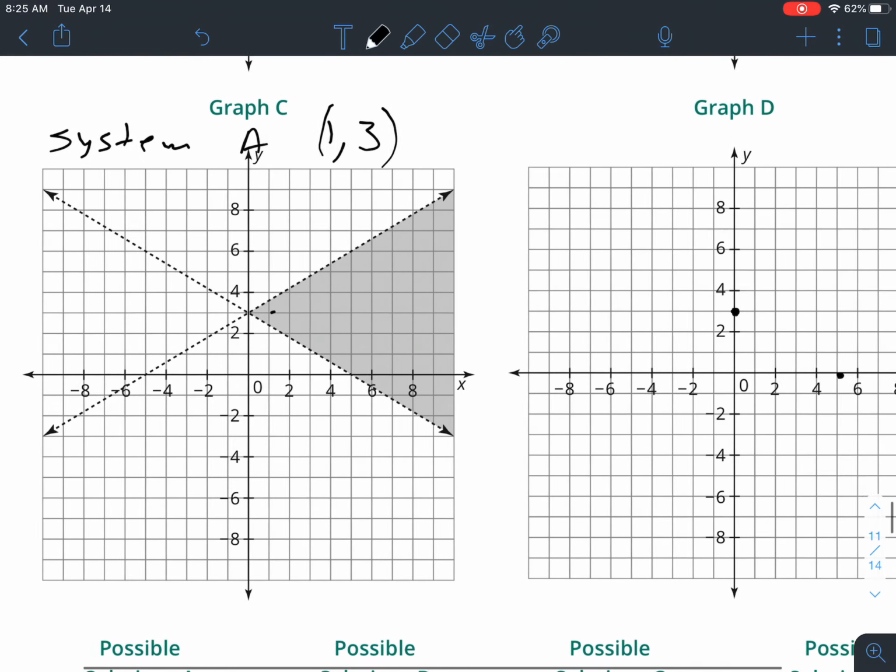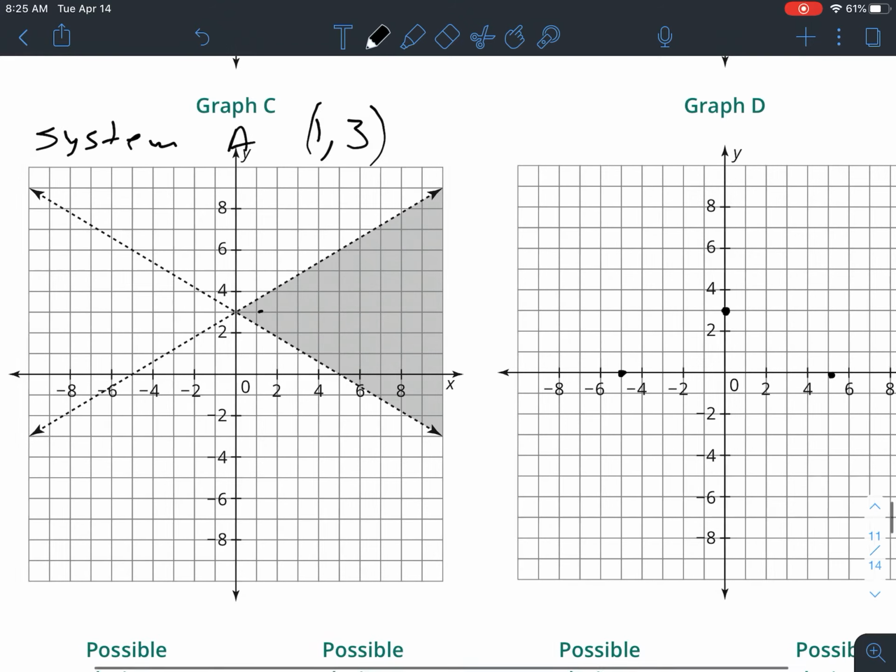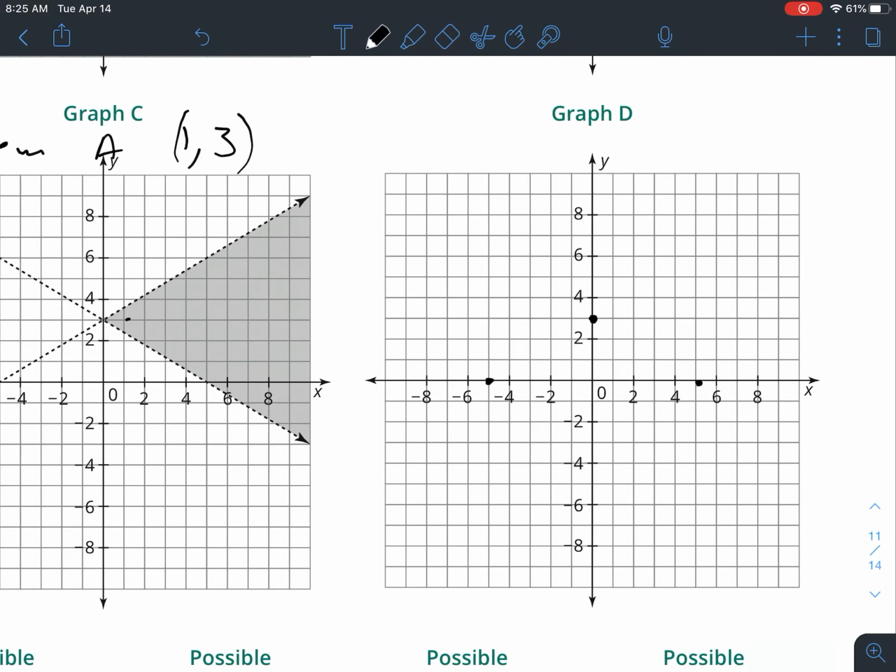We're going to make a point at negative 5, 0. And lastly, you're going to make a point at 5, 6. And negative 5, 6. So here's our graph.